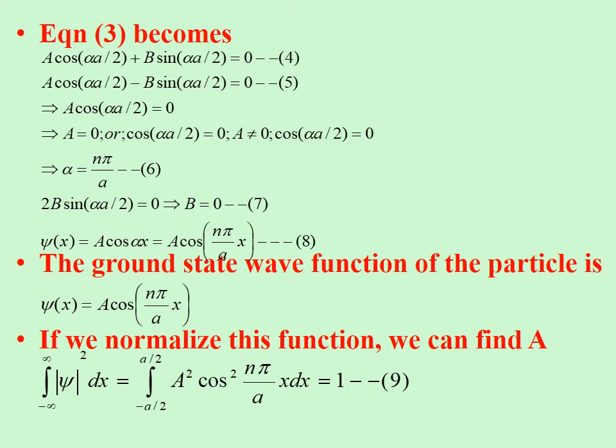The normalization says integral from minus infinity to infinity, modulus of psi square dx is equal to 1. So if you substitute this, it becomes integral from minus a by 2 to a by 2, A squared cos squared n pi x by a dx is equal to 1.